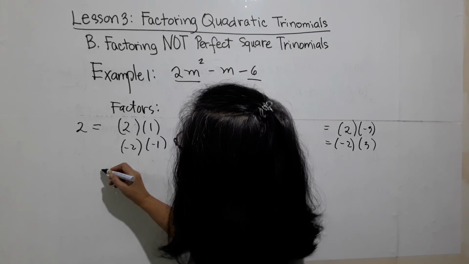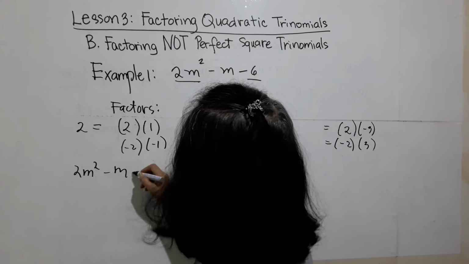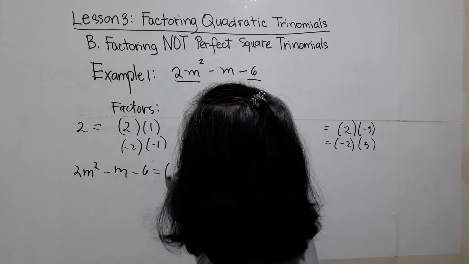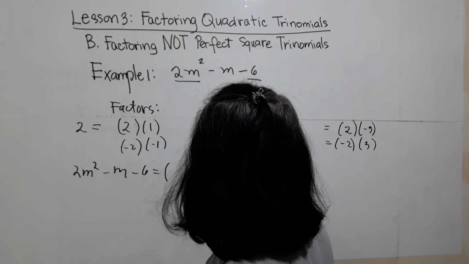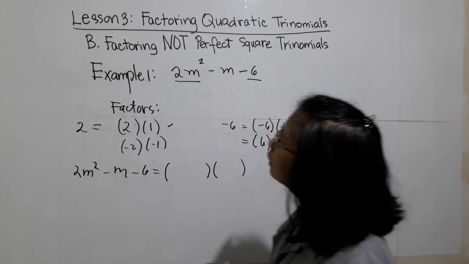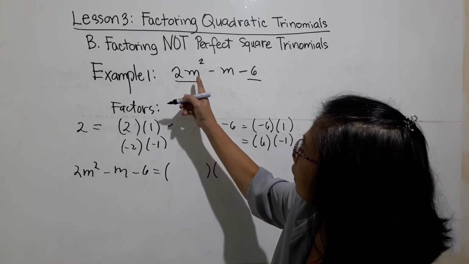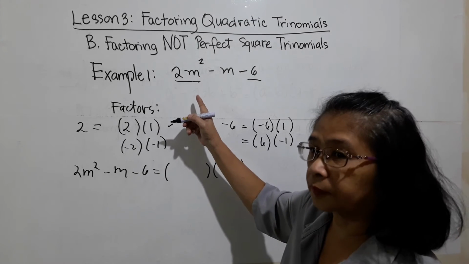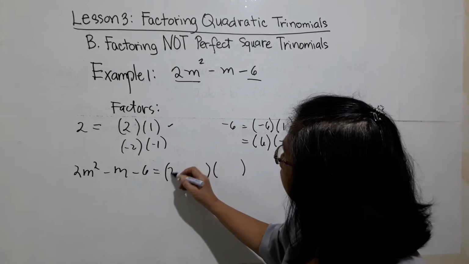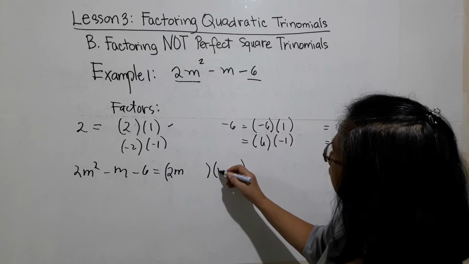Okay, first try. So, we have 2m squared minus m minus 6 equals. Okay, let us try this one. Do not forget the literal coefficient. The literal coefficient is a perfect square. So we can have 2m and the other m here.